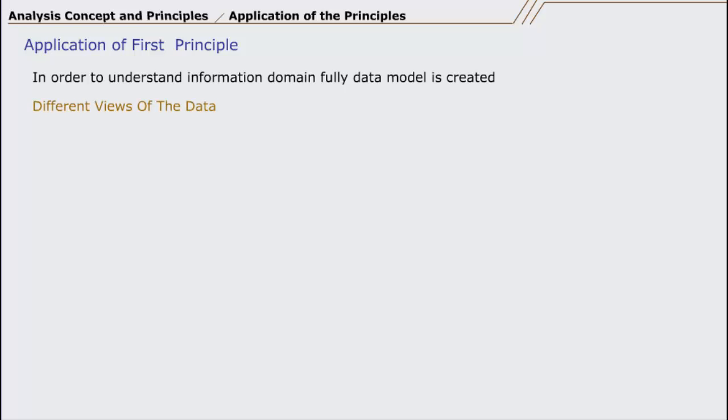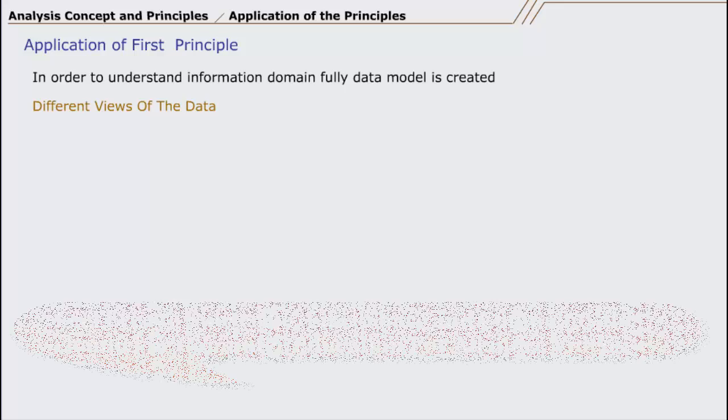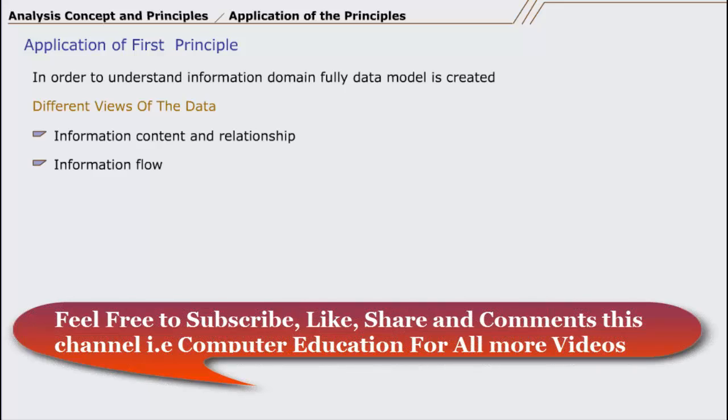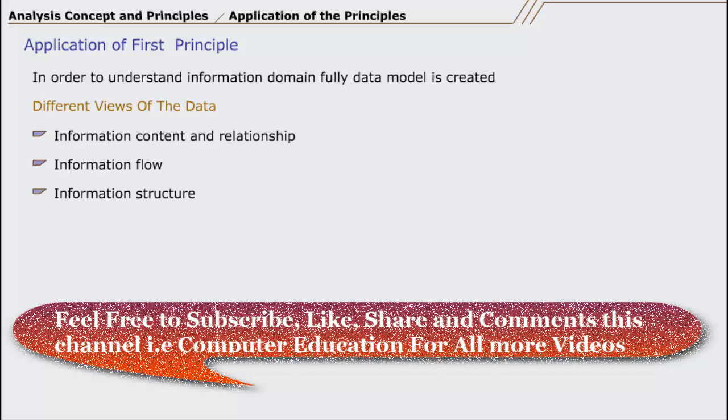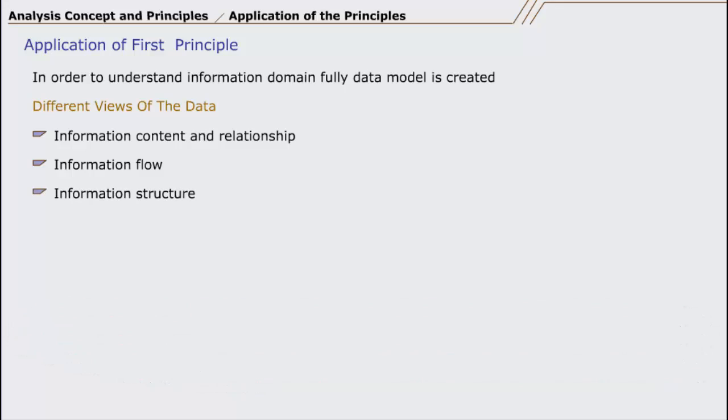Number 1, information content and relationship. Number 2, information flow. Number 3, information structure. The first view, information content and relationship, represents individual data items which are either consumed or produced by the system and how these data items are related with each other.